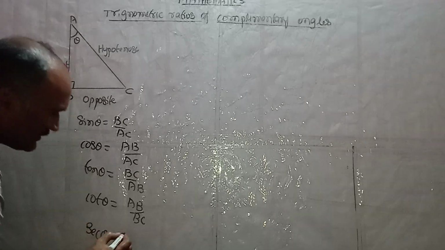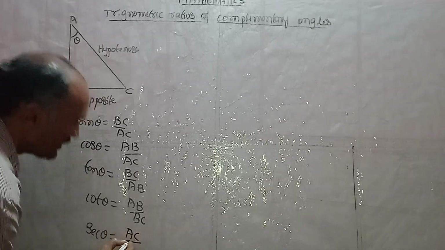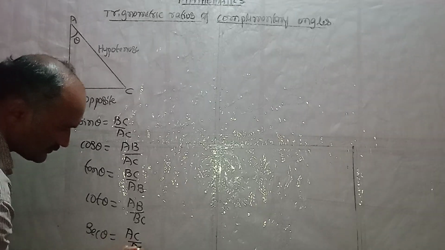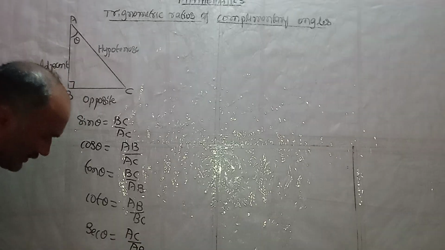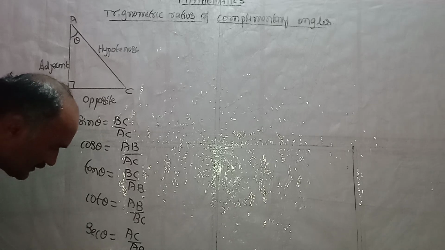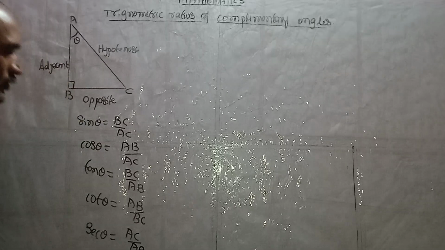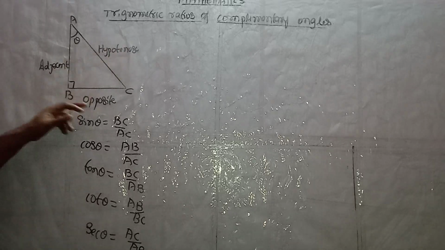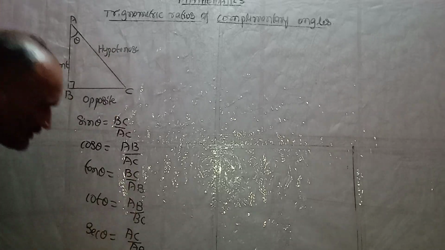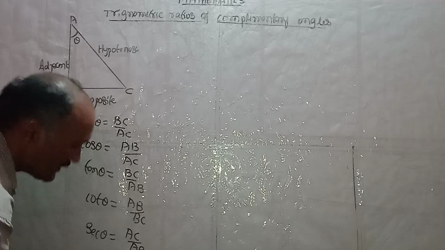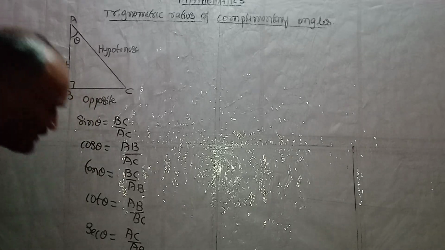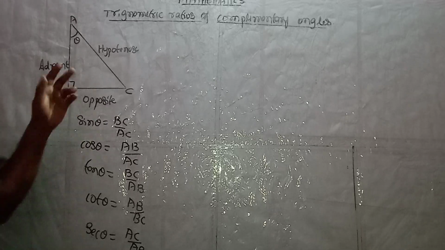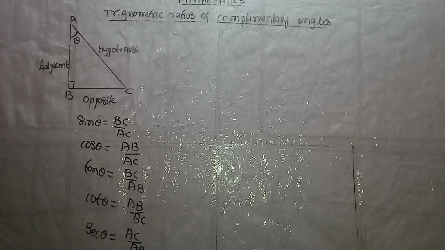Hypotenuse is AC, divided by adjacent AB. Now cosecant theta is the reciprocal of sin theta, that is hypotenuse by opposite side. Hypotenuse is AC, divided by opposite BC. So these are the six trigonometric ratios with respect to angle theta.